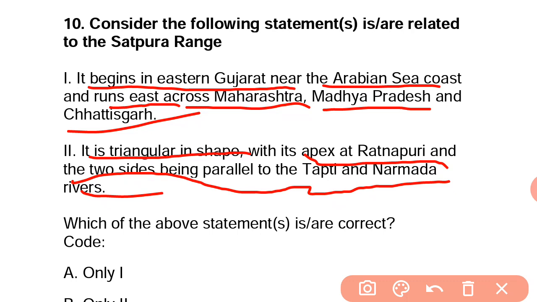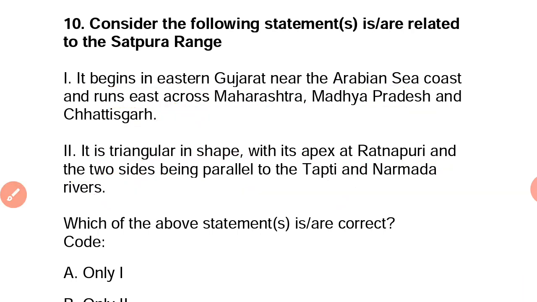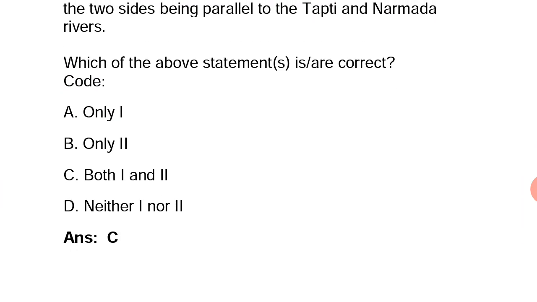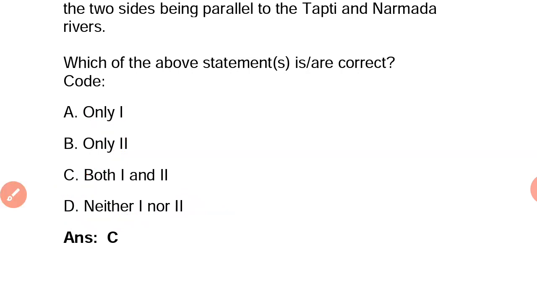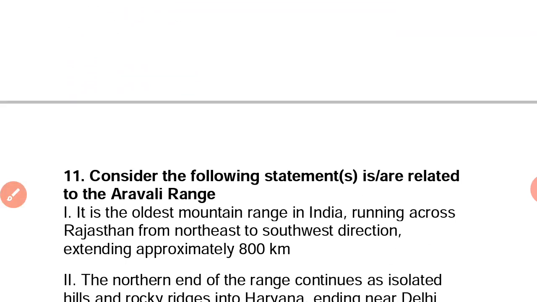Which of the above statements is or are correct? Code. Option A, only I. Option B, only II. Option C, both I and II. Option D, neither I nor II. Right answer is option C, both I and II. Next question.